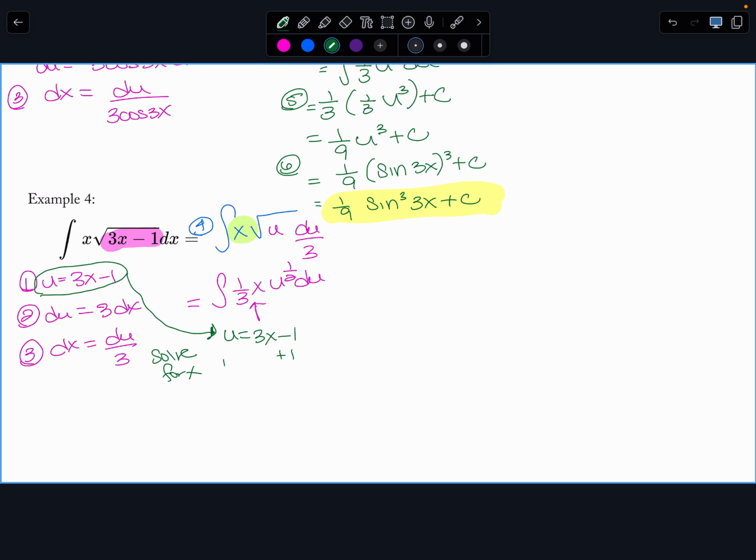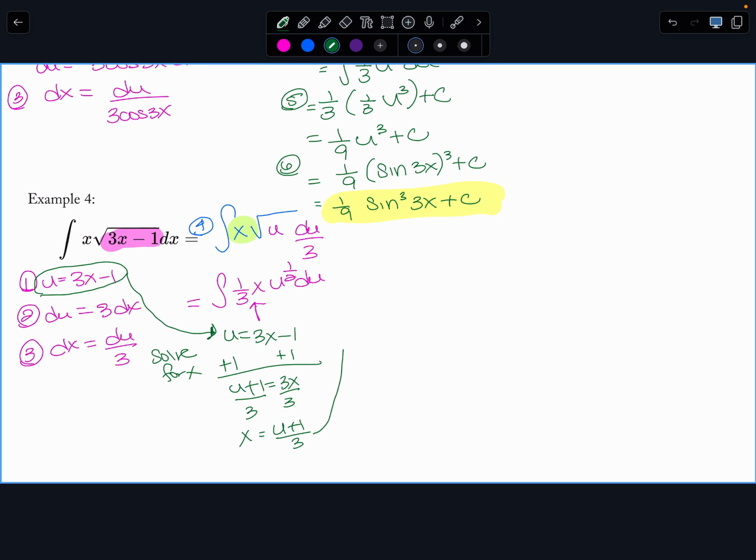So add 1 to both sides. u plus 1 is equal to 3x. Divide both sides by 3. So x is equal to u plus 1 over 3.